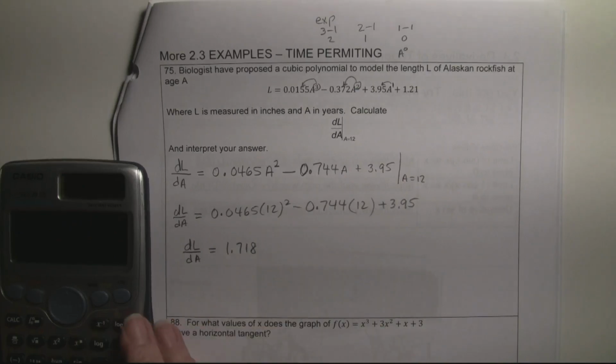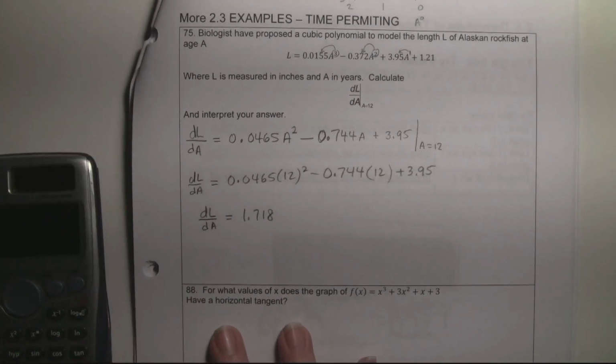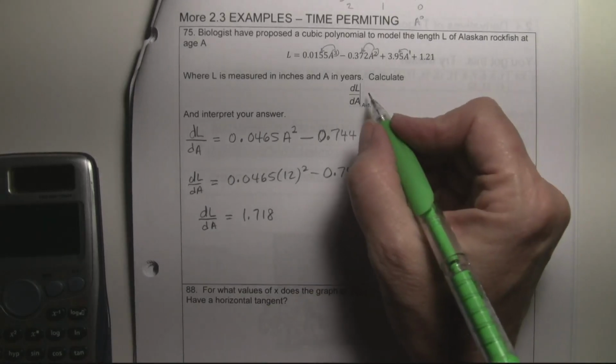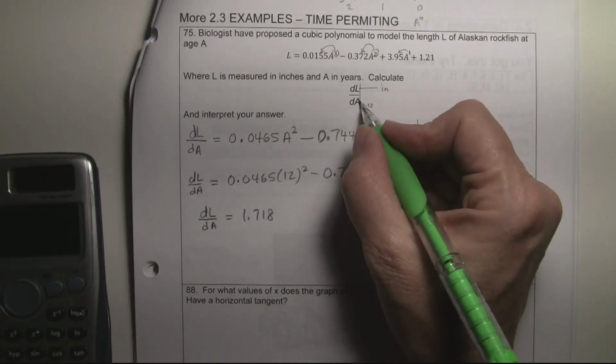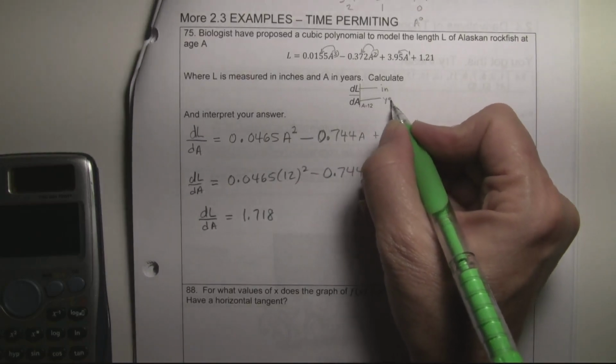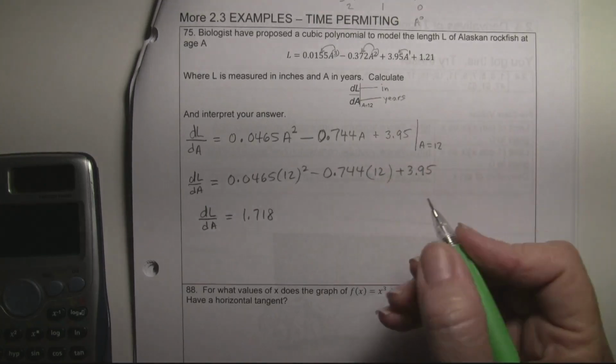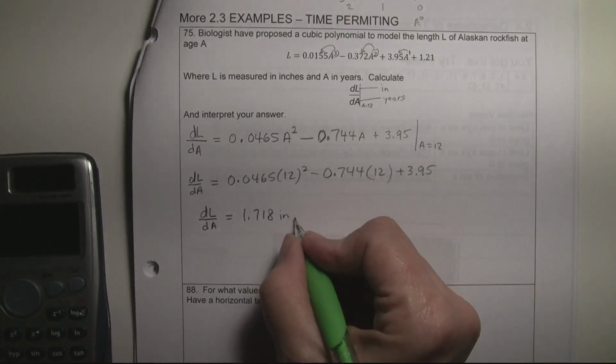Now they wanted me to interpret this answer, and it really helps just to have the units on it. Remember what they said L was in: L was in inches, and A was in years. So this is inches per year.